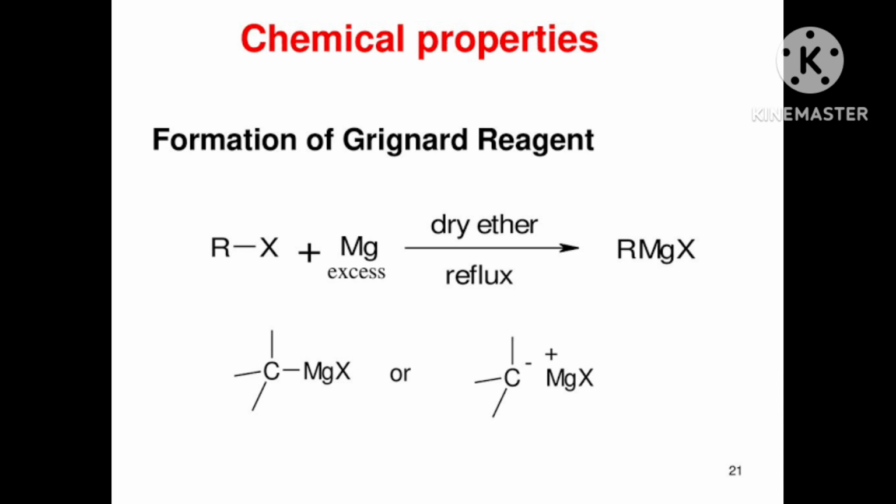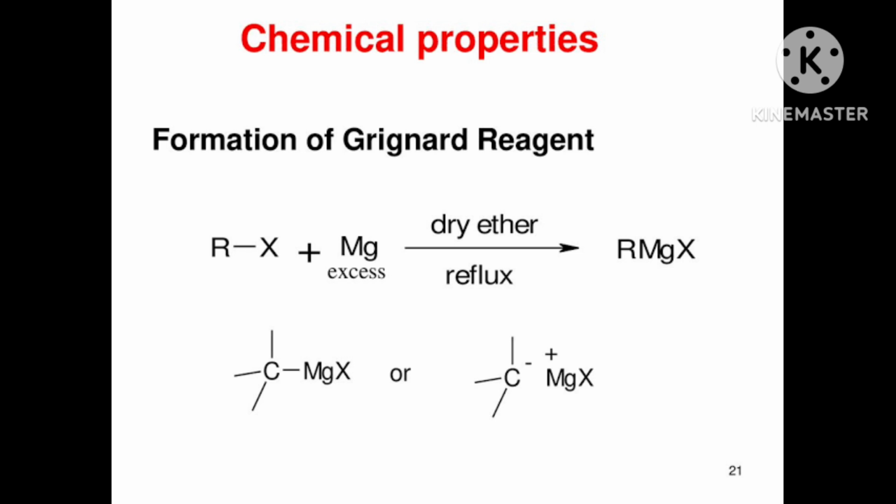If the alkyl group has one carbon, methyl for example, then it will give a hydrocarbon having 2 carbons. If it is 2, it will give 4 carbons. Remember this. And this reaction is known as the Wurtz reaction.